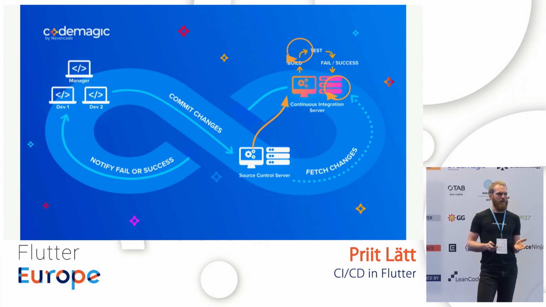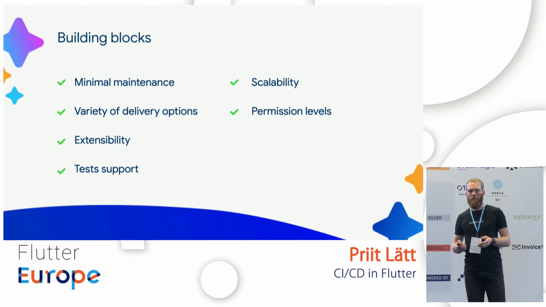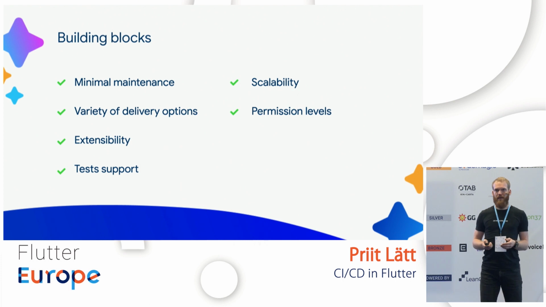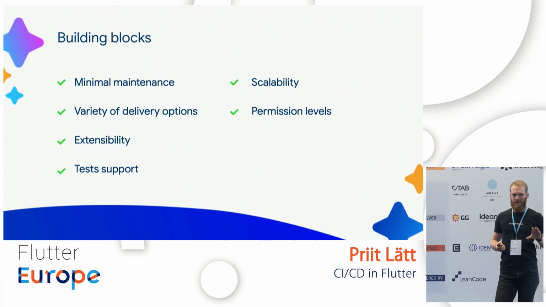But then again, what are the main basic building blocks you want to look for from a CI tool today? Surely minimal maintenance. The day of on-site servers is probably over, especially for mobile teams.